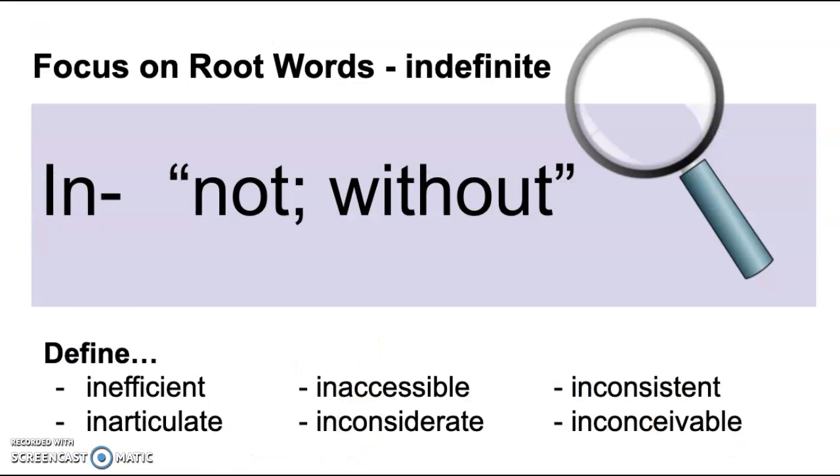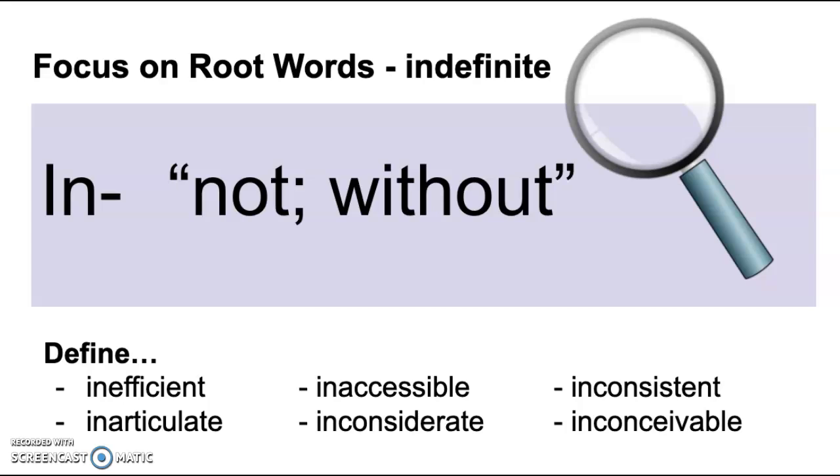Just want to make sure we're all on the same page with a root word: in. It's a prefix, so it's always going to come at the beginning of the word, and when you see it, it's telling you that something in this word has to do with not or without. So if we look at the examples down at the bottom of the screen, if something is inefficient, it's not efficient. It's probably not the best or fastest way to do it. If something's inaccessible, it's not accessible.